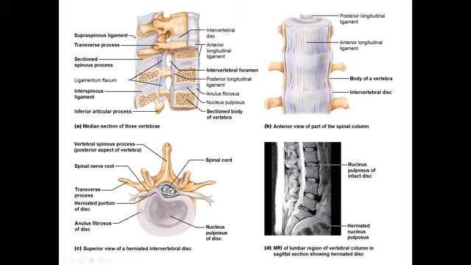Some other structures we see, this is the body of the vertebra. Then we've got processes, the spinous and the transverse ones. We've got the lamina here, and we've got the, oops, I've just got a blank at the moment. Oh, the pedicle, sorry, this is the pedicle of the vertebra.